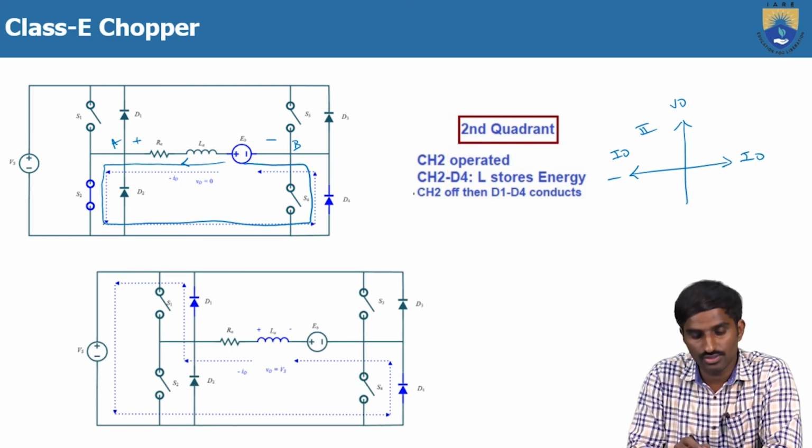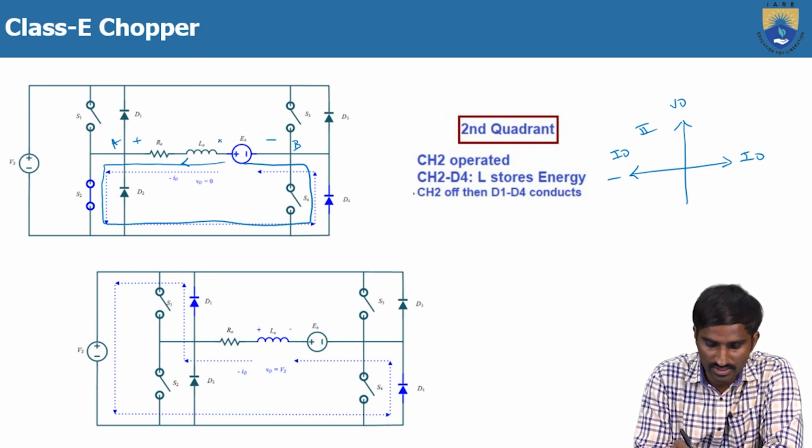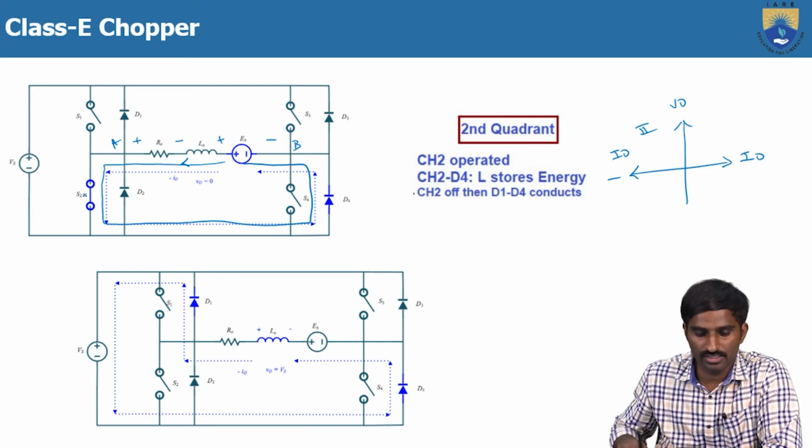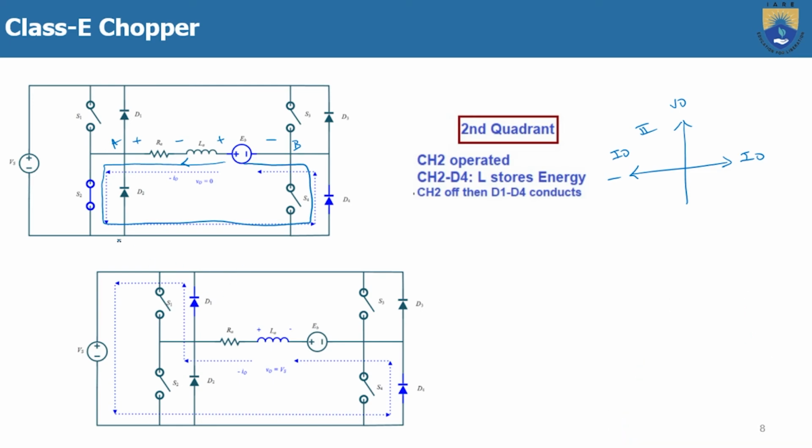During turn on of S2, the inductor charges with these polarities, plus and minus, and when S2 is turned off, the inductor will get discharged. We need to provide a path to discharge this inductor, so when switch S2 is turned off, the inductor will discharge through like this.